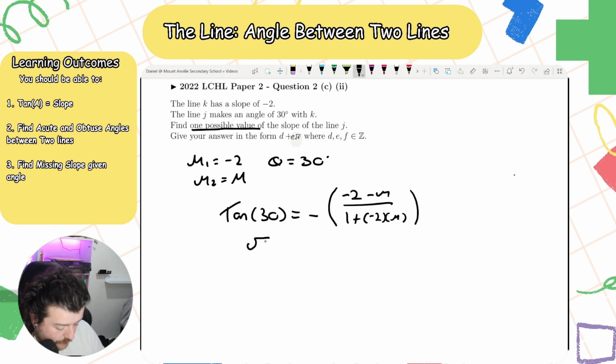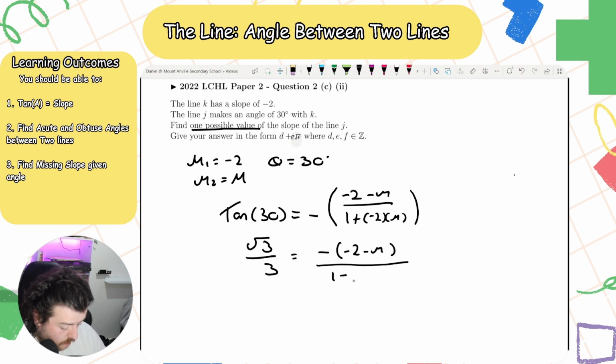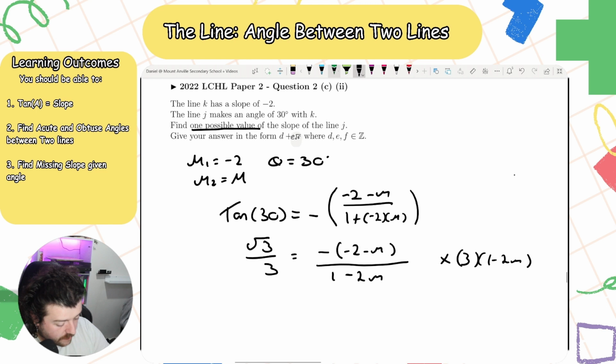That's going to be equal to minus 2 minus m all over 1 minus 2m. So multiply across by 3 times 1 minus 2m. You're kind of doing a little cross multiplication action here.